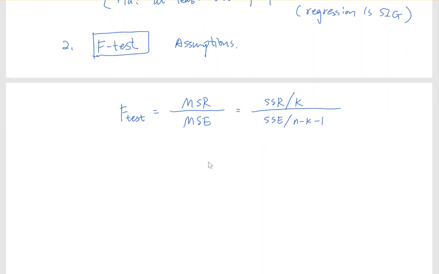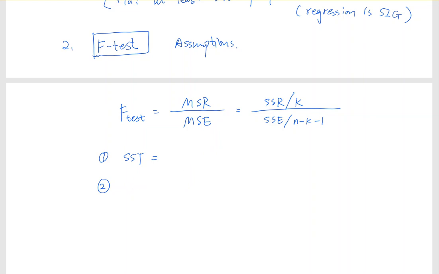Alright, and then here we have some relationships, right? The first relationship is SST equals SSE plus SSR, or reversely, right? And then the degrees of freedom also follow the same relationship.